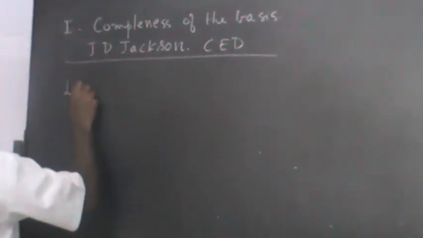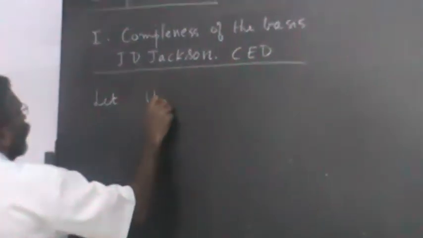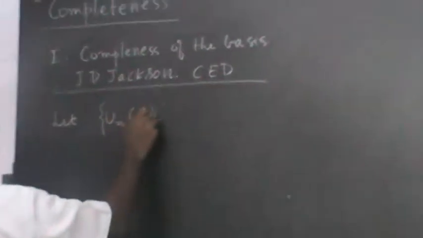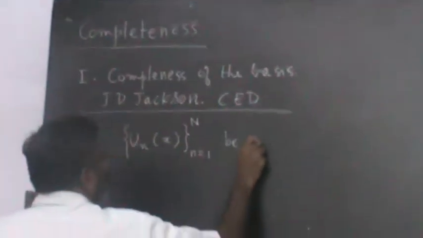Let u_n(x), n equal to 1 to N, be a set of orthonormal polynomials. Consider a set of N orthonormal polynomials.